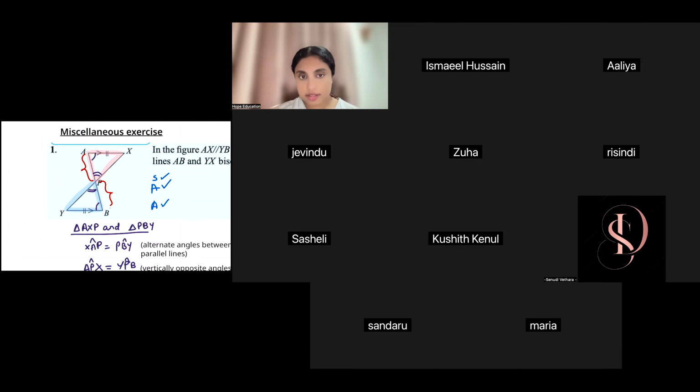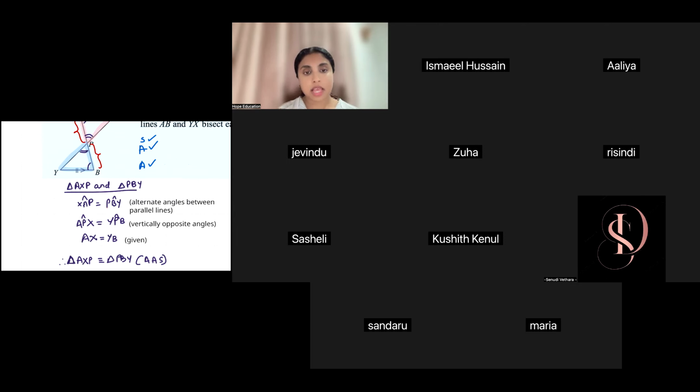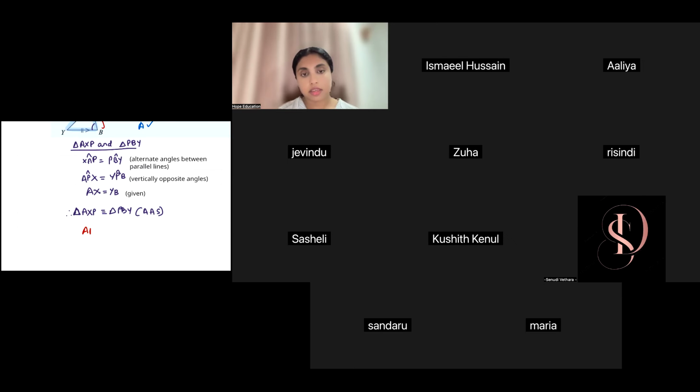Since these two triangles are congruent, AP side equals PB side. And for the reason I write, corresponding sides of congruent triangles. Is that clear to you, Lamai?